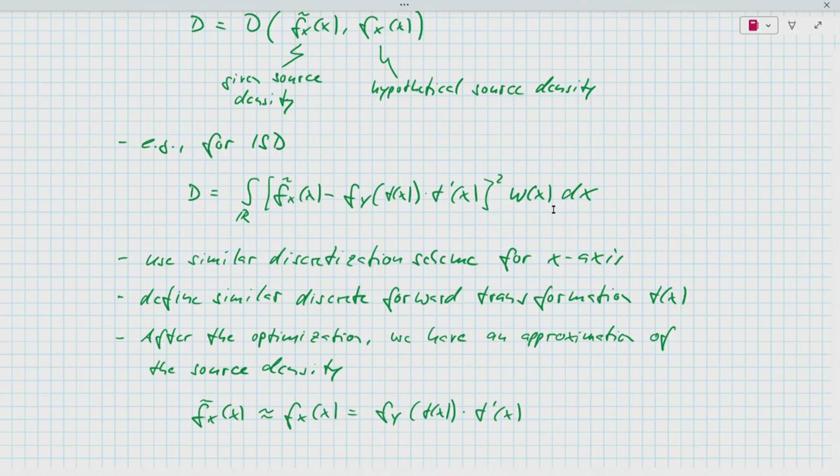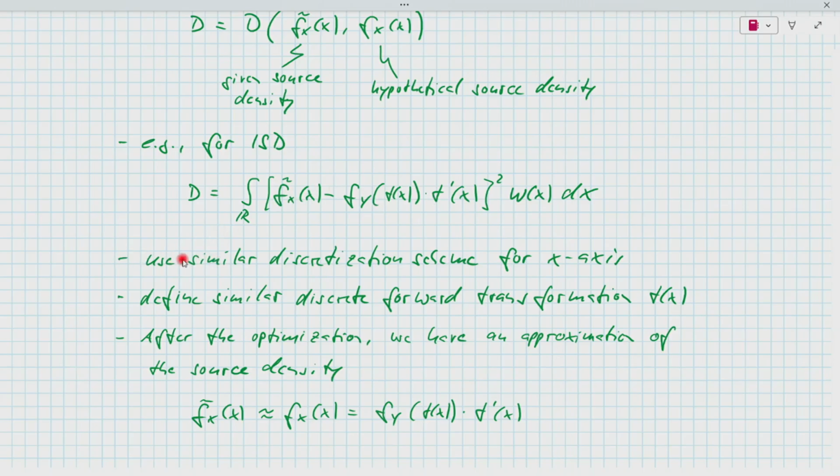This is not guaranteed to give you exactly the same result. Of course not, because it depends on the distance measure, and it depends on what densities you compare, because these densities are transformed between the domains. That does not give you exactly the same T as you would get from optimizing the r in the other domain and inverting it. It's a different one. I think it will usually be very close to it.